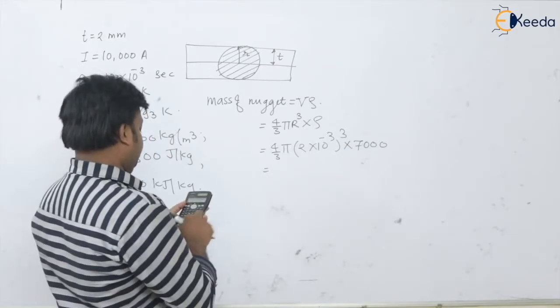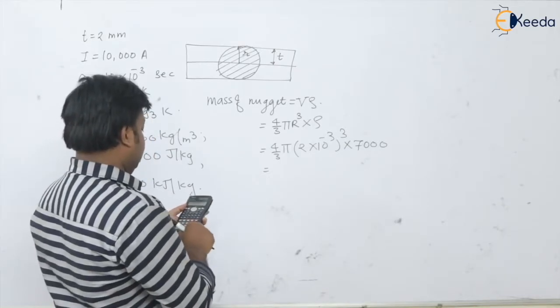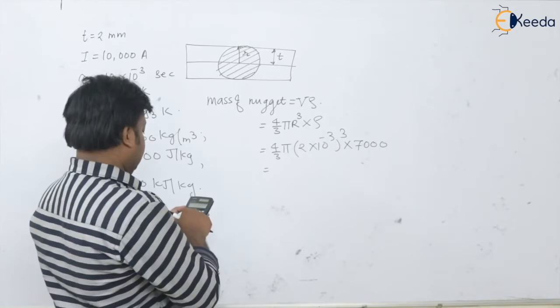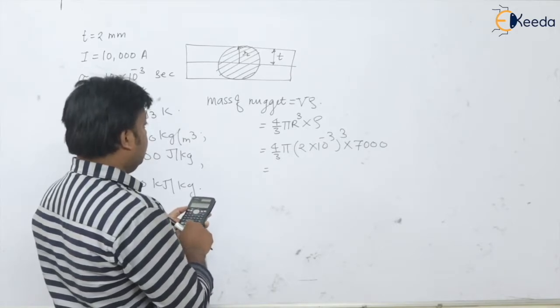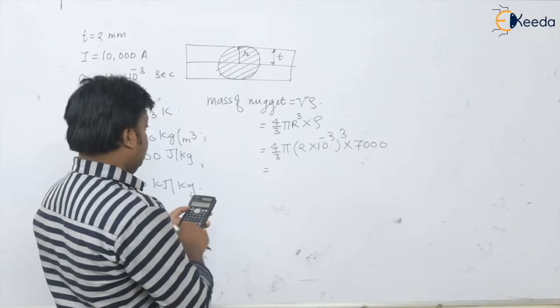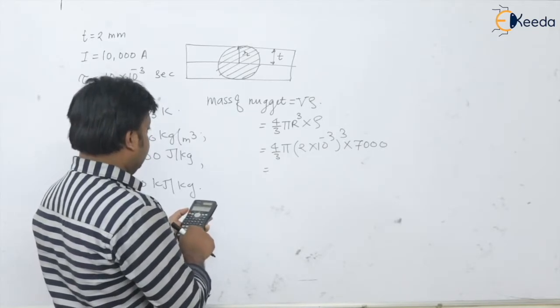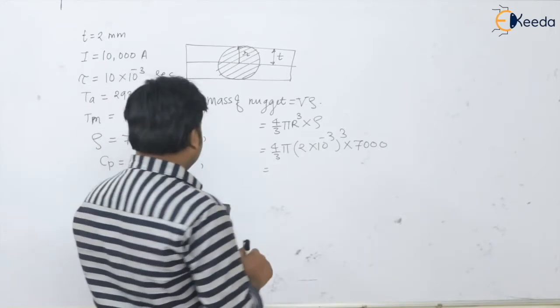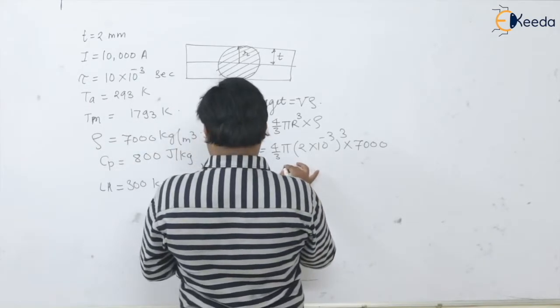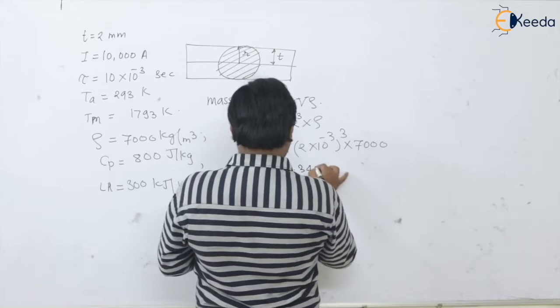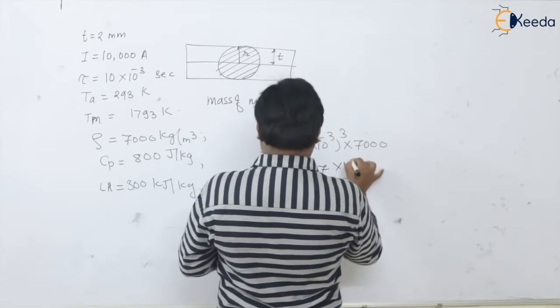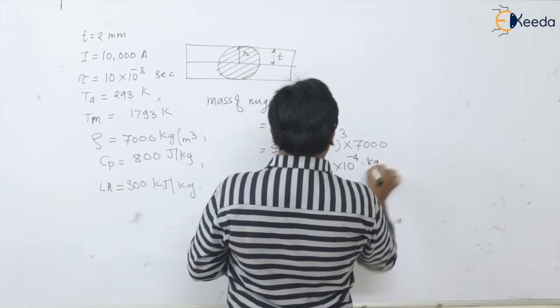So the mass of the nugget is around 2.3457 into 10 to the power minus 4 kgs.